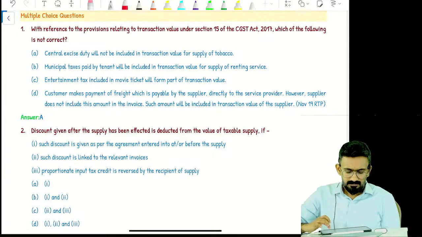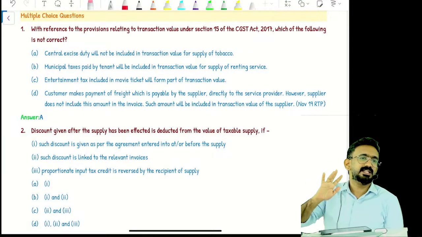Let's look at a simple one. First we will look at a practical theory-based question.